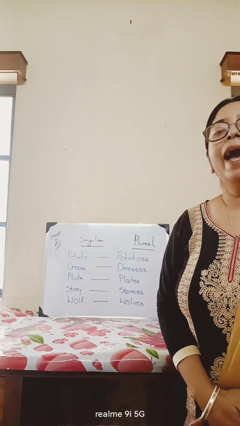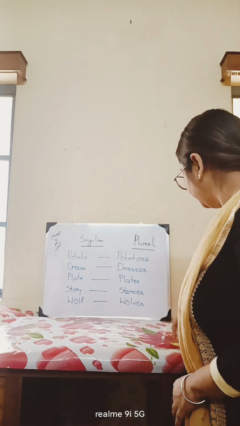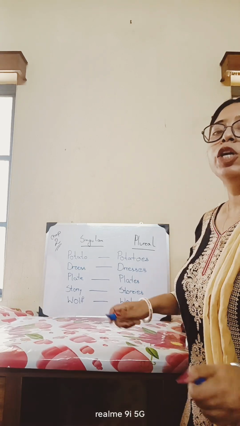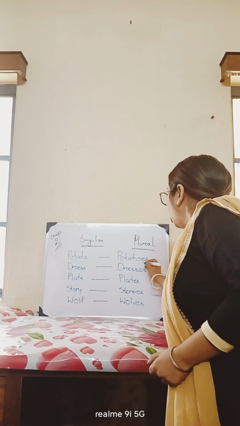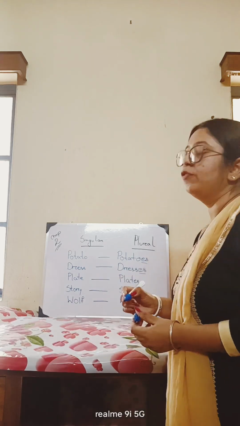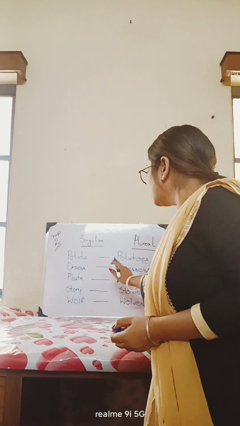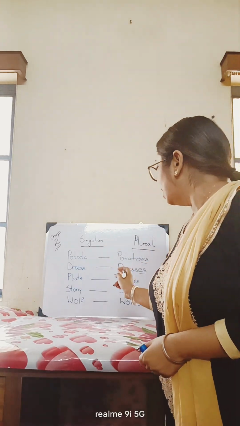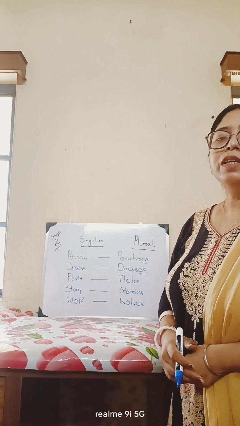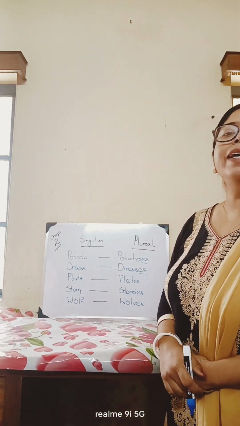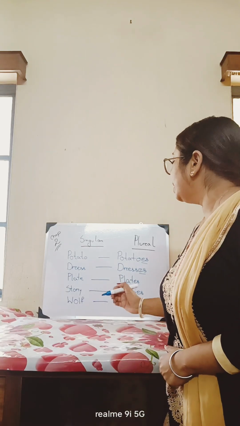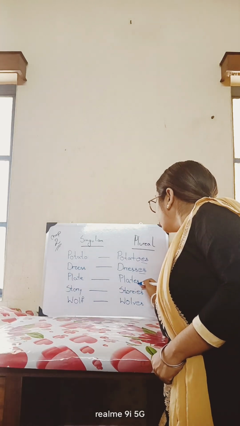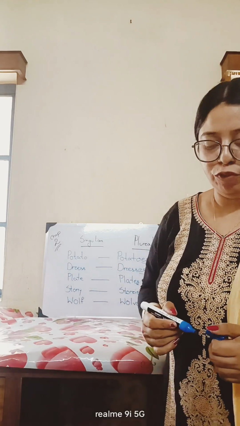Again, we add es to make the plural form of this singular noun. After dress, just add es: dresses. Number 3 is plate, P-L-A-T-E. Here, we just add s to make the plural form.